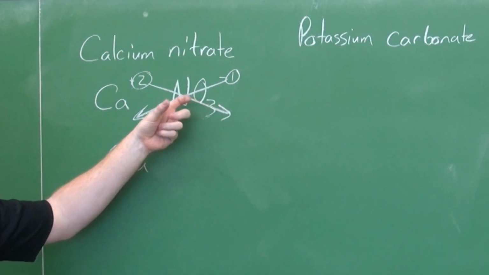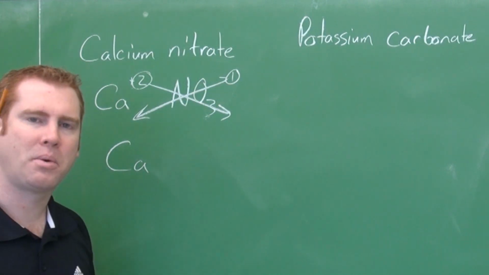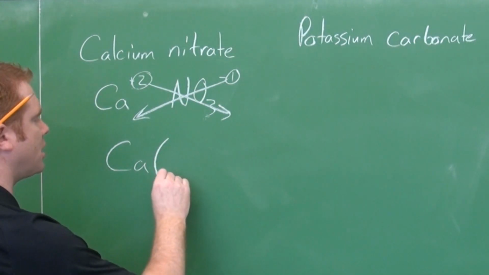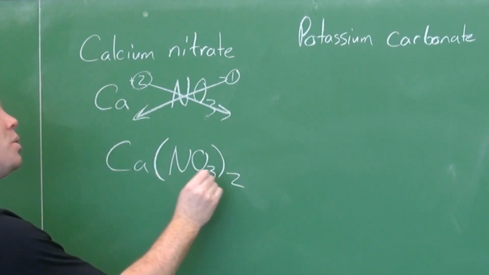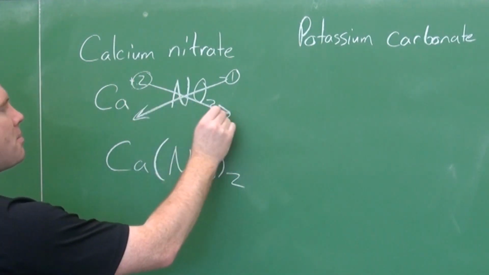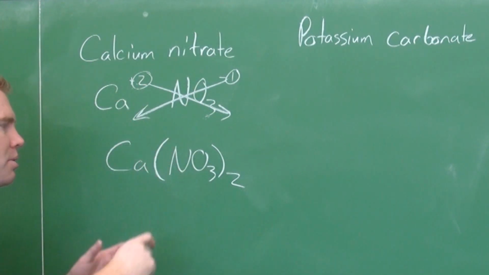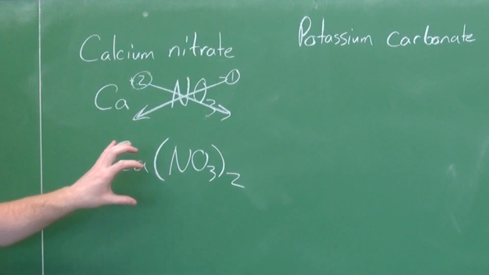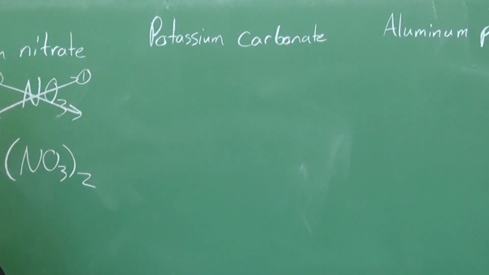Well, that's 3 oxygens to 1 nitrogen in that group. So that's not really what we're showing. What we want to show here is we're going to use some brackets, that now we have 2 of the groups. So anytime we have a number coming down, we're going to put it in brackets. So if it's not a 1, put it in brackets, put it outside. Ca(NO3)2, calcium nitrate.